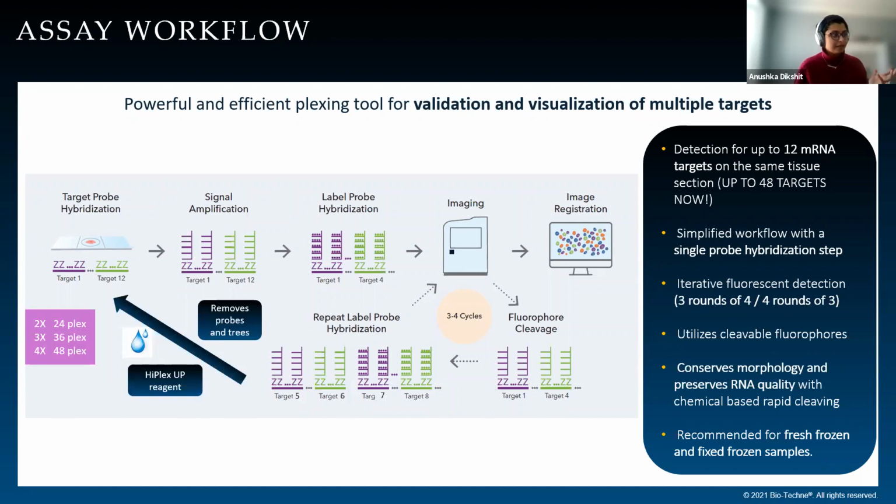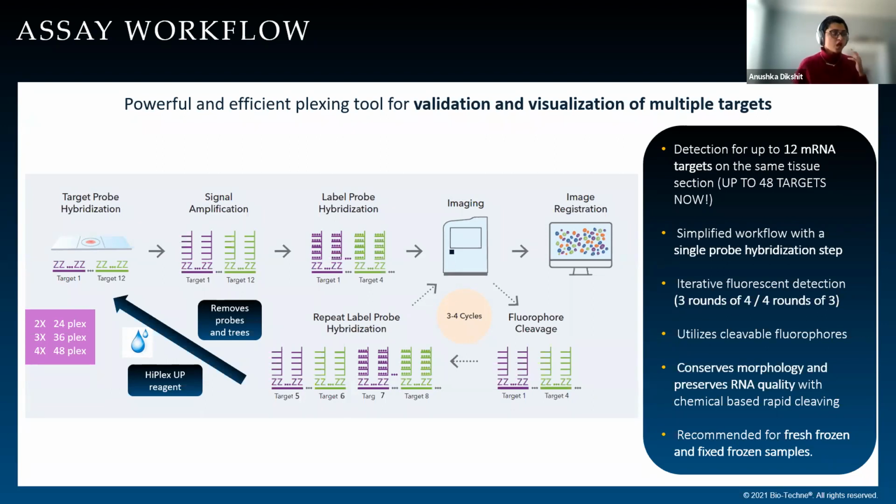And this can be done by using a HiPlex up reagent that we introduced last year, where after you finish your 3 cycles of the 12-plex, you add your HiPlex up reagent, and this will denature the probes from your target sequence, and then you're free to add 12 new probes onto your target tissue. And then repeat this either twice to get 24-plex detection, 3 times for 36-plex detection, and 4 times for 48-plex detection.